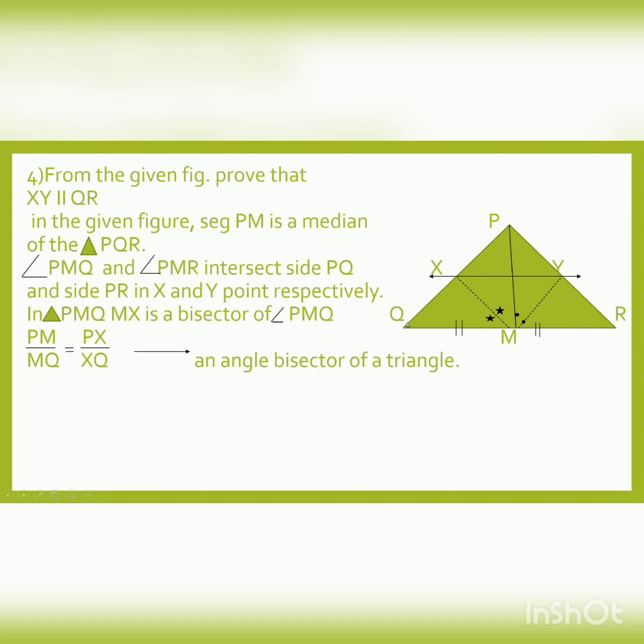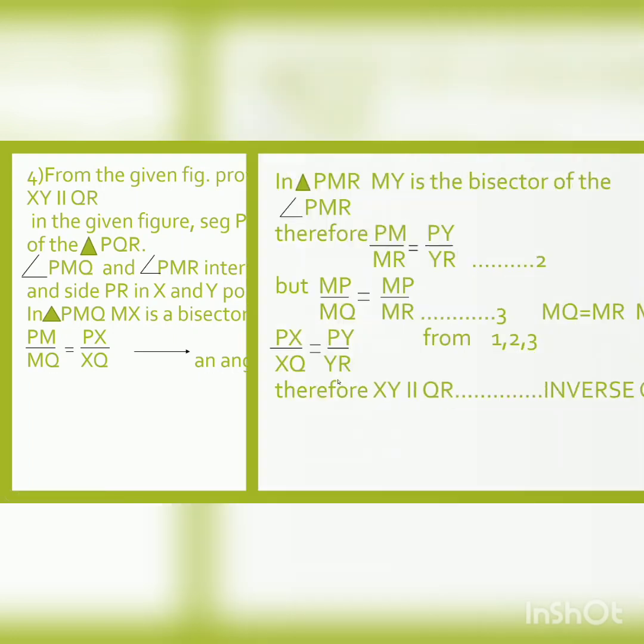Don't write it reversed. If you write QM upon PM, then write QX upon XP. In this solution I write PM upon MQ, so the next ratio is PX upon XQ. Write the reason: angle bisector of a triangle. This is equation number 1.